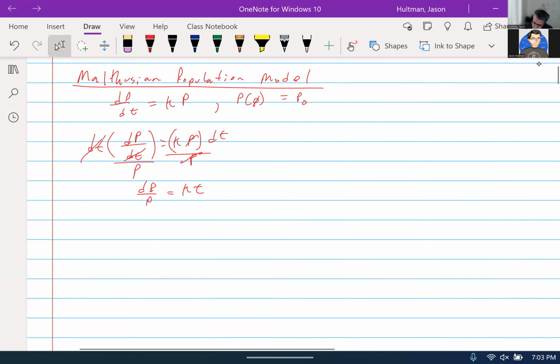Integrate both sides. This is going to be the natural log of the absolute value of P is equal to kt plus c.